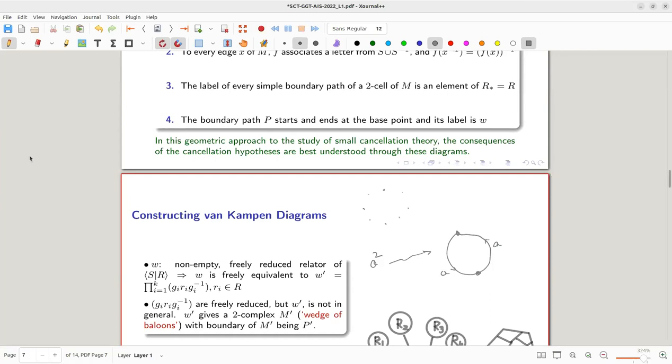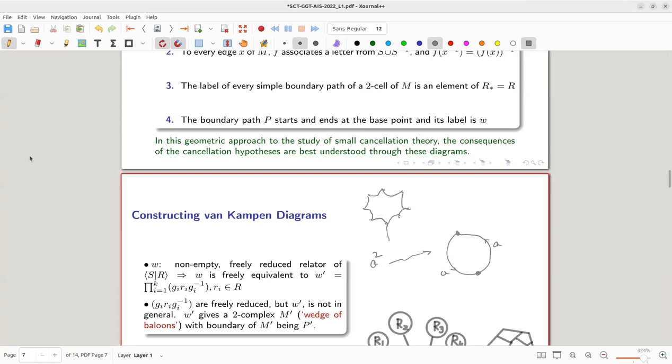So suppose I have a relator, say for a surface group, a genus 2 surface group. Say something like this, and suppose I have another one added to this side.